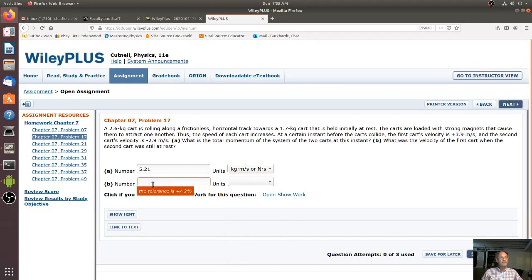And then for part B, the 2.6 kilogram cart was moving a little slower, I think, probably. Or maybe a little faster. The 2.6 kilogram cart, we'll find out in a minute, is moving with some velocity.